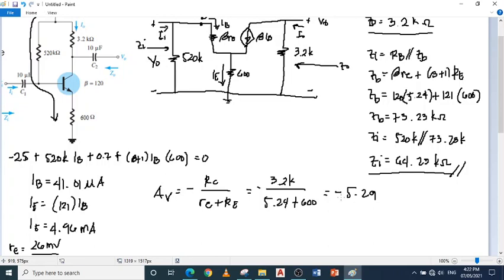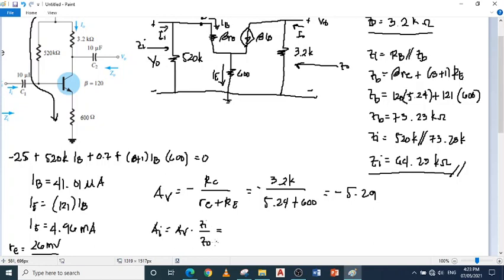Okay? And then lastly, to solve for AI, so ang AI natin, like what we had derived recently, diba? Ang AI is equal to AV times ZI over ZO.